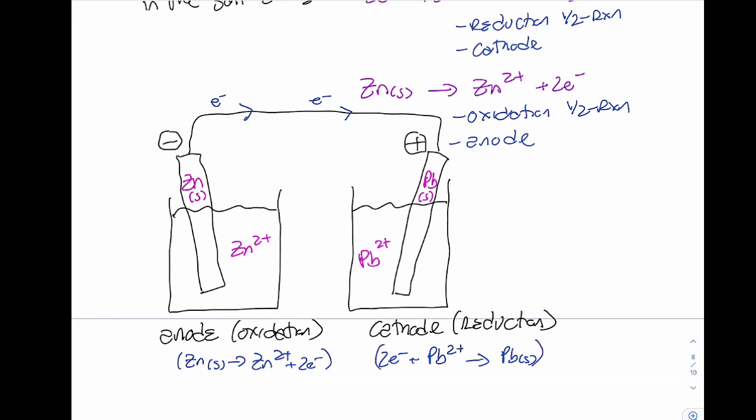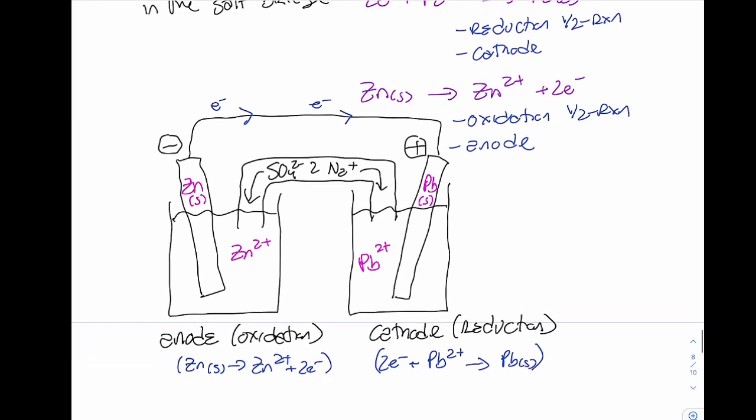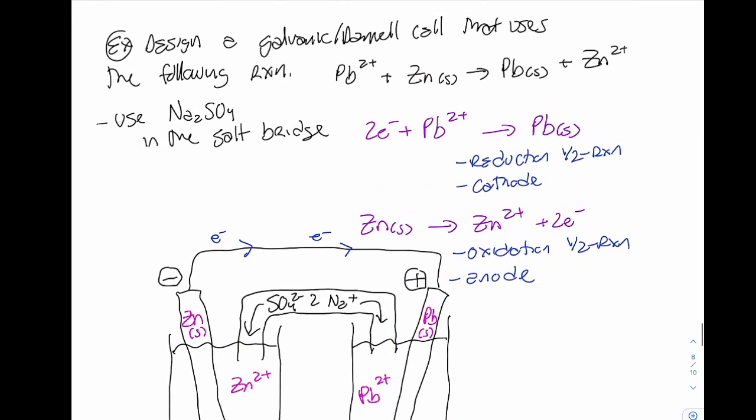So those are my half reactions. I do need to put my salt bridge in here still. And I have sodium sulfate, so I do have 2 sodium for every 1 sulfate. The cations are going towards the cathode compartment, and then my anions are going towards the anode compartment. So this would be my galvanic cell using this reaction.